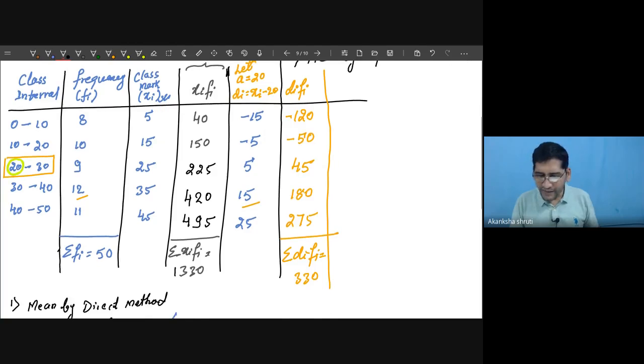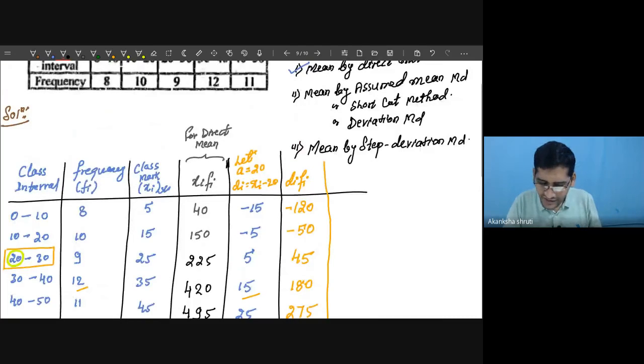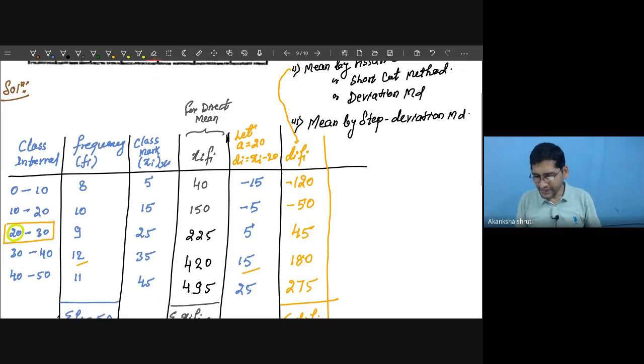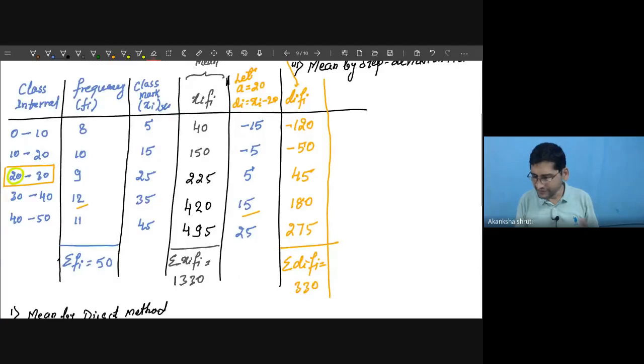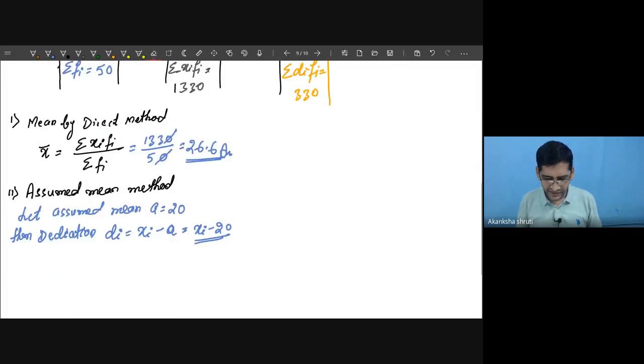Students, for this assumed mean method, this step we have done, this calculation we have done for the assumed mean method. So this calculation is for this method only. Therefore we need to calculate summation of DiFi divided by summation of Fi now, and that has to be added to the assumed mean. By that way we can get it. So write this.